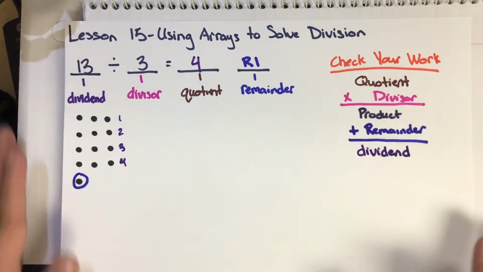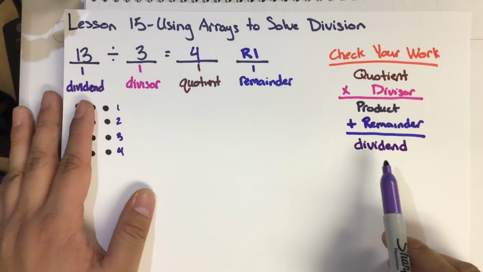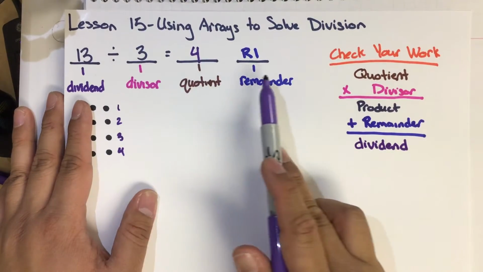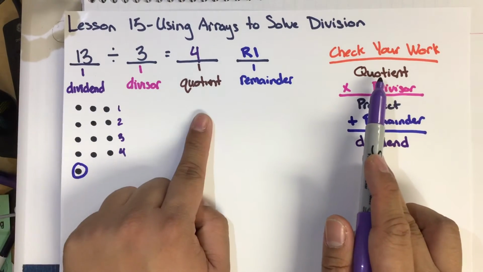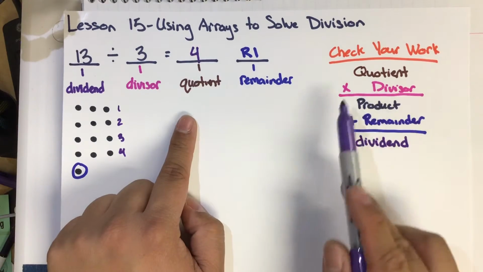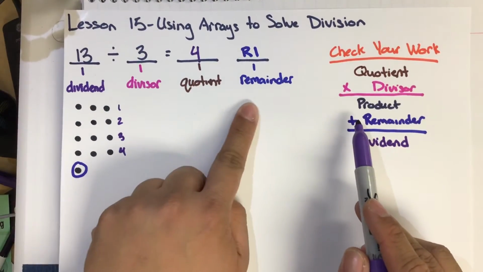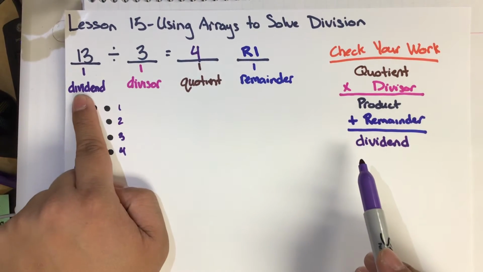And you might be looking at this like, that's a lot of words to remember, but just make sure that when we key into the words, we look at what part of our division equation we're looking at for each of these values. So our quotient would be 4 times our divisor, which is 3. We're going to get a product, which we don't see here because we don't know that product yet. And then when we add our remainder, which is right here all the way on the right, we should end up with our dividend.